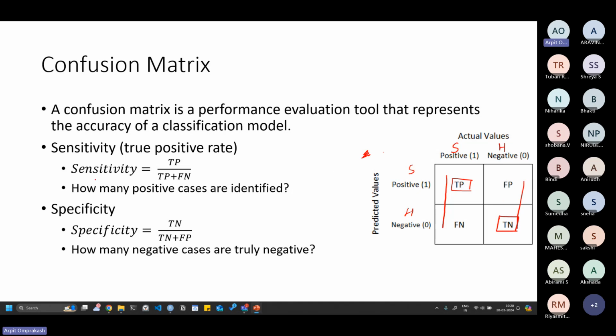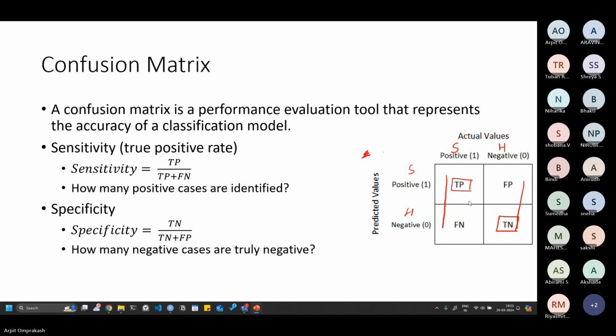So in this case, our sensitivity is how many of the sick persons in the whole population did we identify? Basically, how many of the total positives did you get as true positives? And the specificity in this case will be how many of the people who are predicted as healthy are actually healthy. So how many of the negative predictions are truly negative?